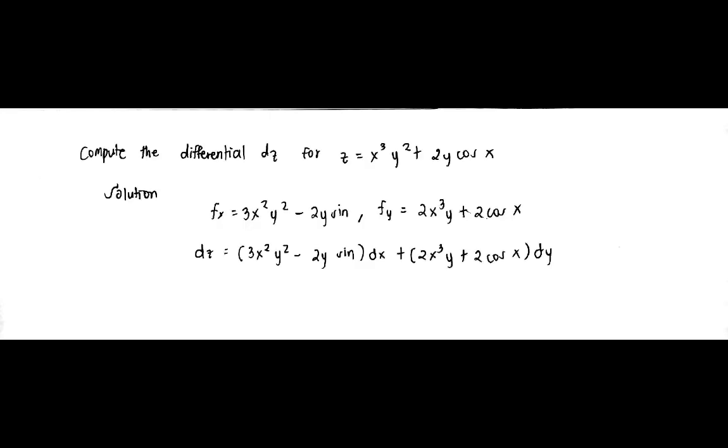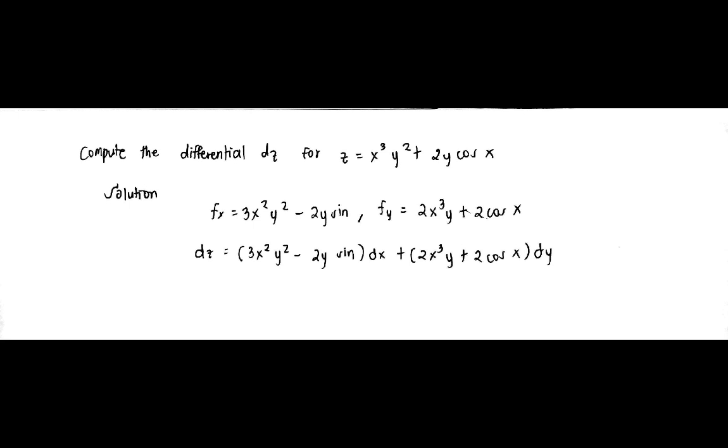So let's have our first example. Compute the differential dz for z = x^3 y^2 + 2y cos x. For our solution, we have f_x equal to 3x^2 y^2.